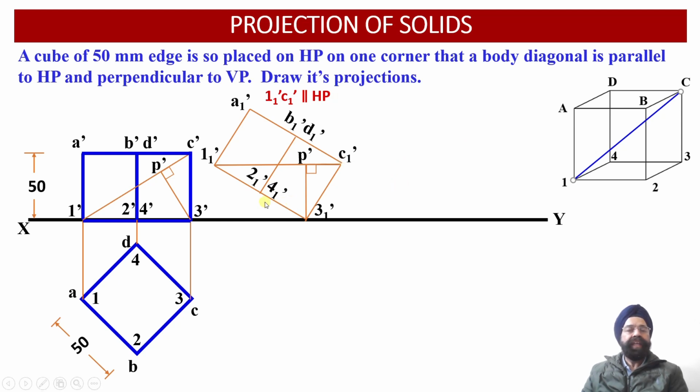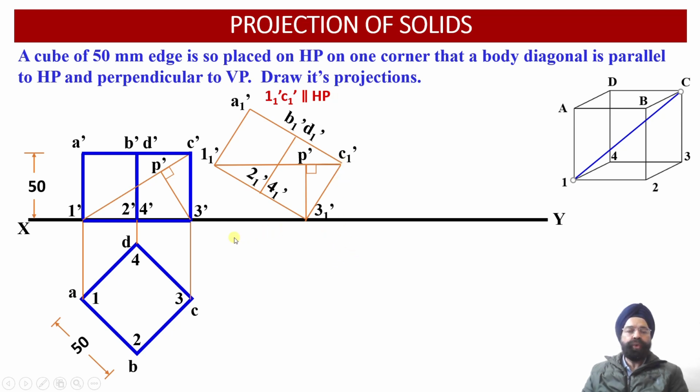So this way, even now we can evaluate the angle of inclination of the base of this particular cube with respect to the horizontal plane. Now, having evaluated the front view projections of this inclined cube, which has been tilted in such a way that either the base is inclined with respect to HP at a certain angle, or the body diagonal of this particular cube happens to be parallel to the horizontal plane.